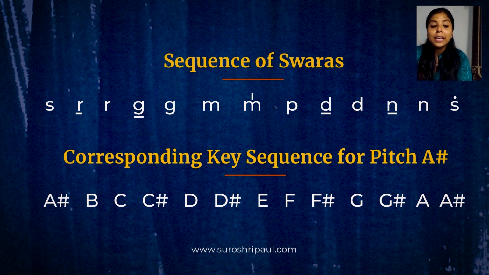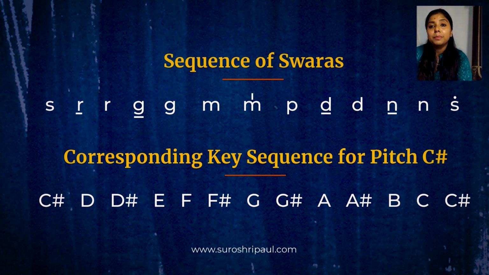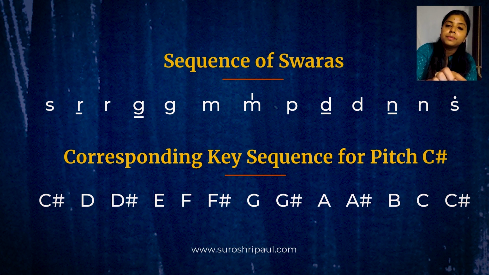So similarly, if I have to play, my scale starts from the pitch of C sharp, that is I am singing at the pitch C sharp, then my Sa is C sharp. My Re will be D sharp after leaving the Komal Re, that is D in between, so we don't play D. After C sharp as Sa, our Shuddh Re will be D sharp.